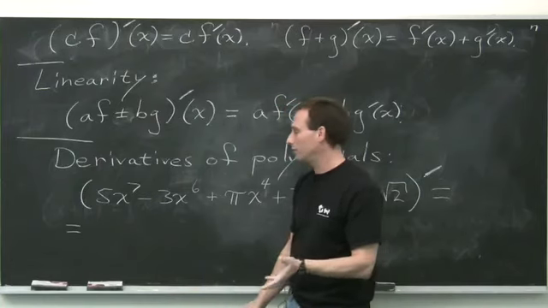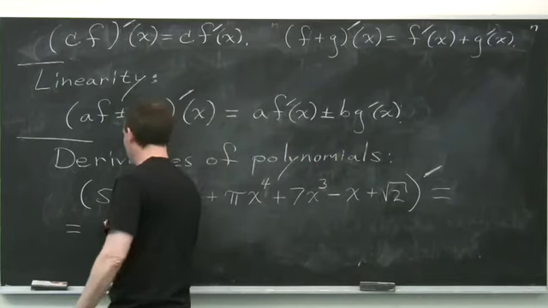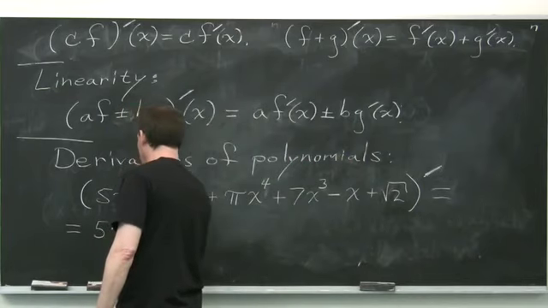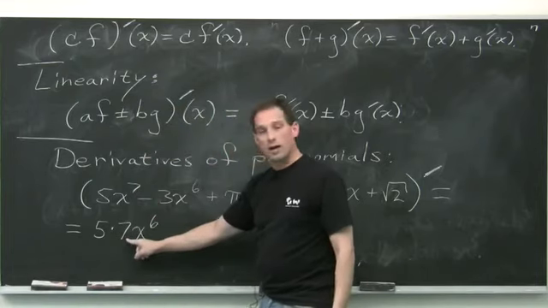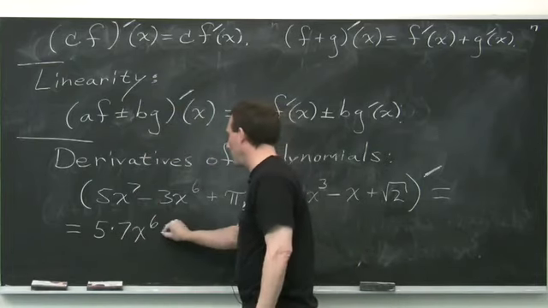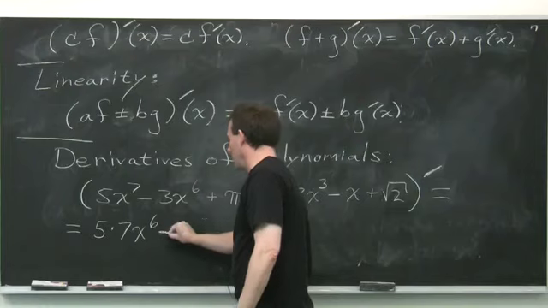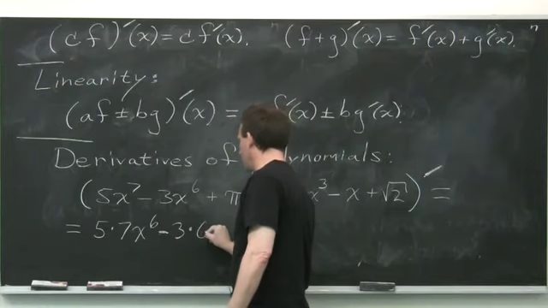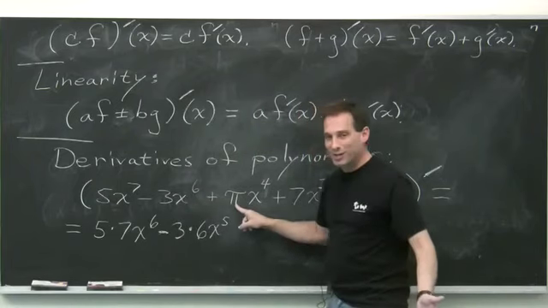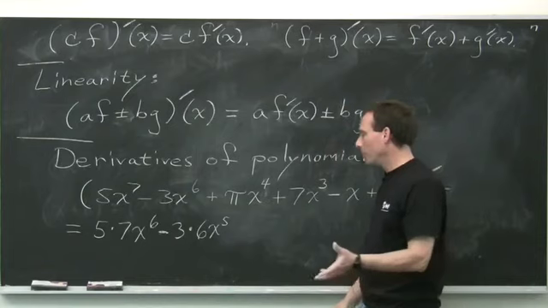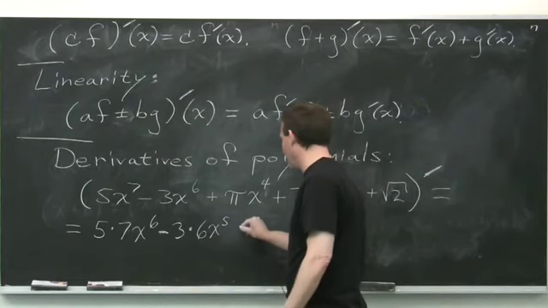But the power rule tells us how to do that. So what do you get? You get 5 times 7x to the 6th, where we use the power rule. The exponent comes down, you subtract 1 from the exponent, minus 3 times the derivative of x to the 6th, 6 times x to the 5th. The power comes down as multiplication, you subtract 1 from the exponent. Pi, it's just a constant. It's an ugly looking constant, but it's just a constant. You know, it's about 3.14.